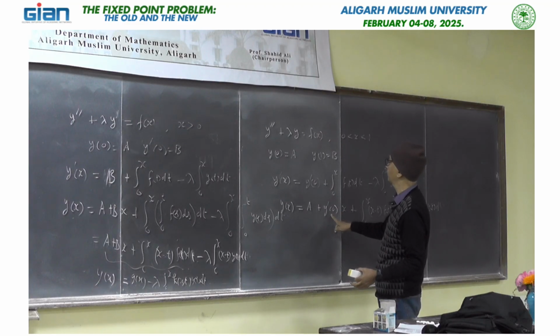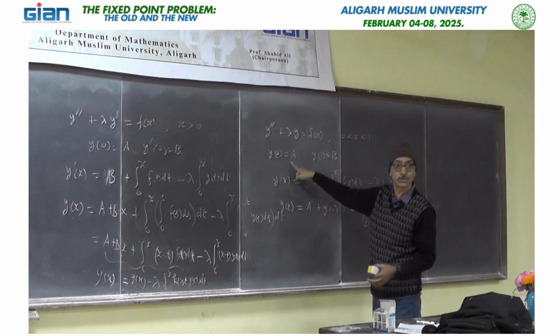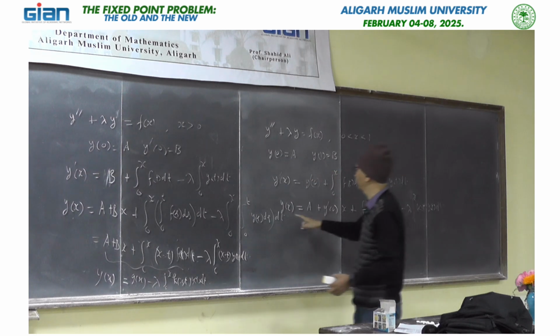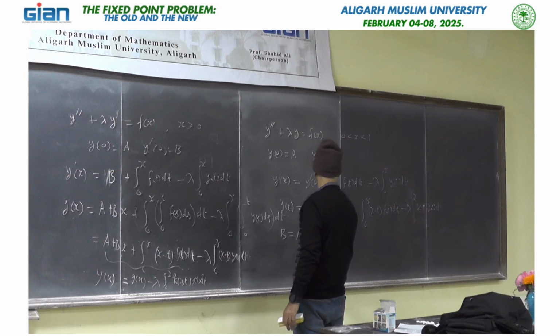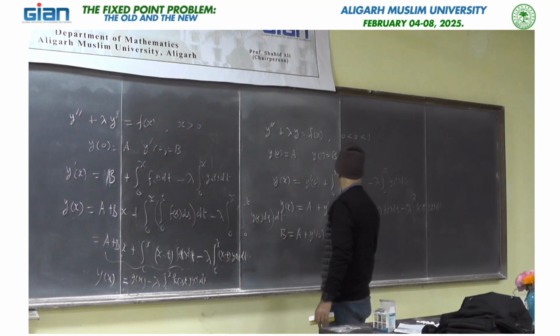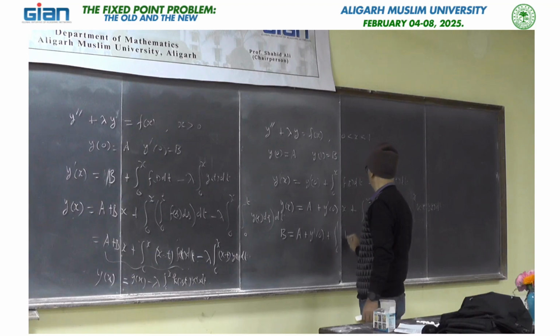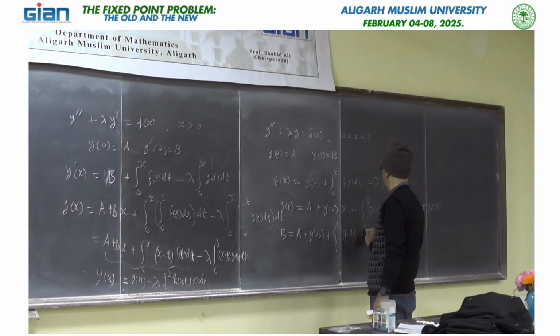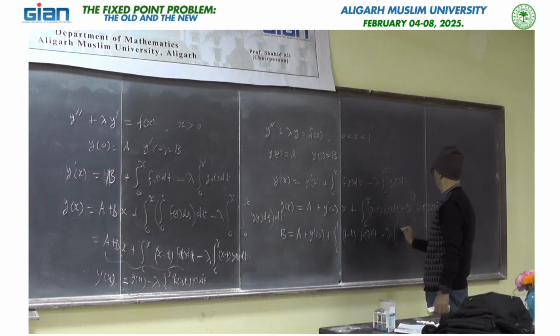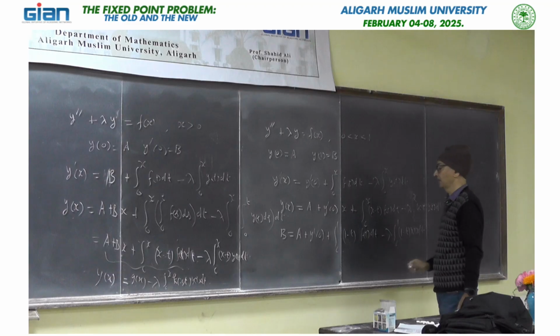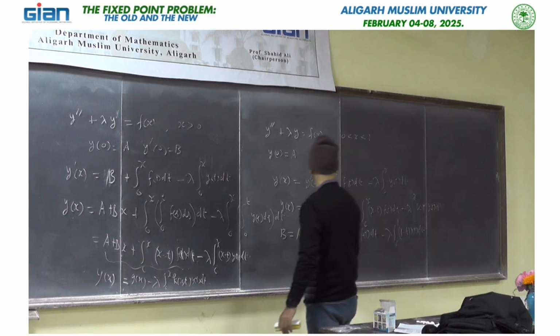Okay. So, this y prime(0) is the unknown here, which we have to find. For that we use the condition we have not yet used, and so substitute x equal to 1. So, y(1) is b. So we get b equal to a plus y prime(0) plus the integral from 0 to 1 of (1 minus t) f(t) dt minus lambda times the integral from 0 to 1 of (1 minus t) y(t) dt. Okay. And now y prime(0) is determined from here.